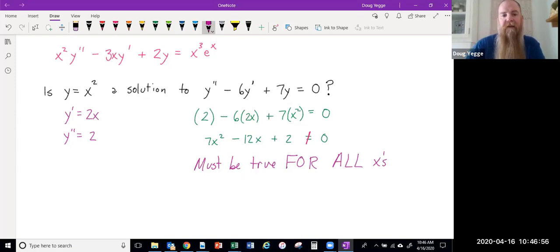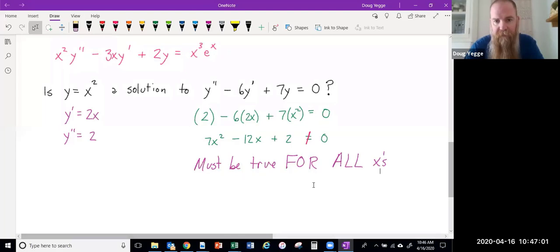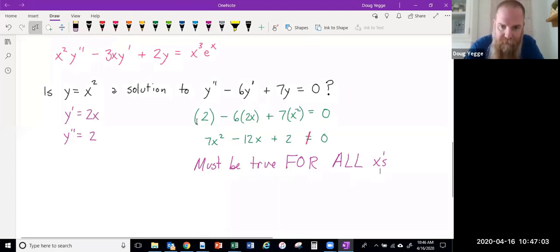So what we mean is that when I plug in the second derivative, the first derivative of the function, everything better cancel to become 0. The problem is that didn't happen here, and therefore, even though this might be true for some x values, it needs to be true for all x values in order to be a solution. Okay, so the answer here is no.